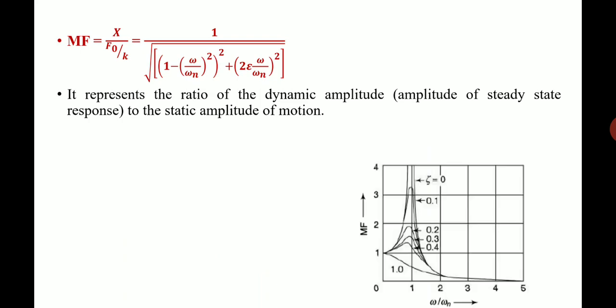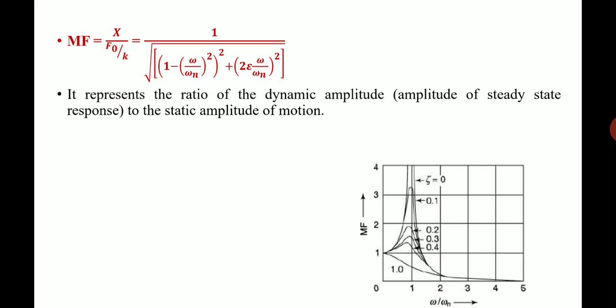So if you are plotting magnification factor against omega by omega n, you can see this graph, where epsilon is the damping ratio, which is equal to C by Cc. For epsilon equal to 0, that is when there is no damping, you can see that the magnification factor is very high and goes to infinity.